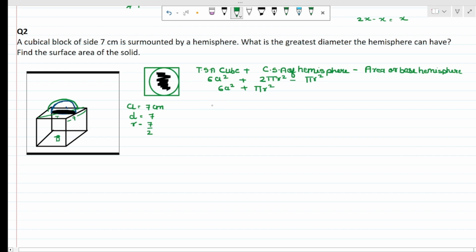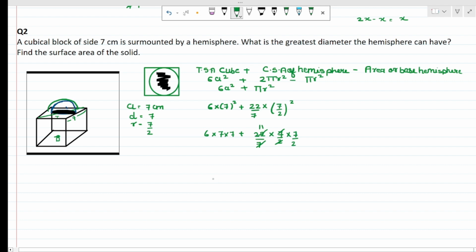What is this formula? 6a square. That means 6 times 7 the whole square, plus pi's value, that means 22 upon 7, multiplied by 7 upon 2 the whole square. Now solve this. 6 times 7 into 7 plus 22 upon 7 into 7 upon 2 multiplied by 7 upon 2. Now cut this 7 and 7, and 2 elevens are 22.